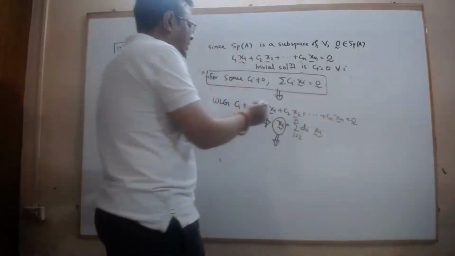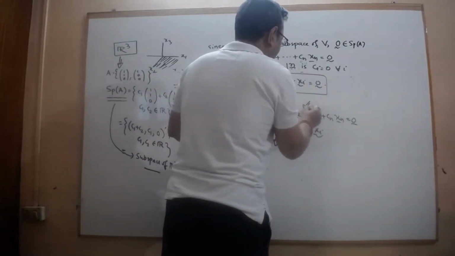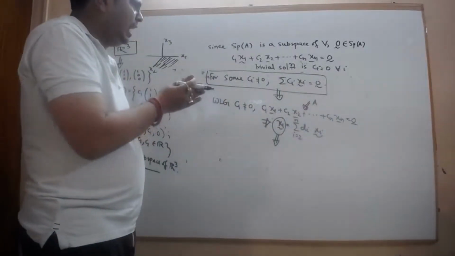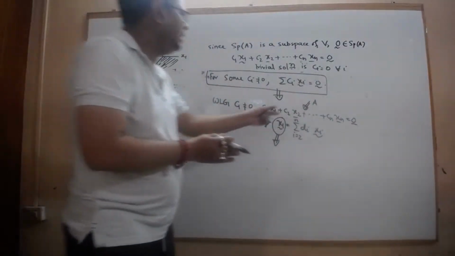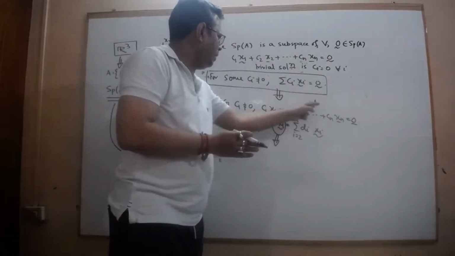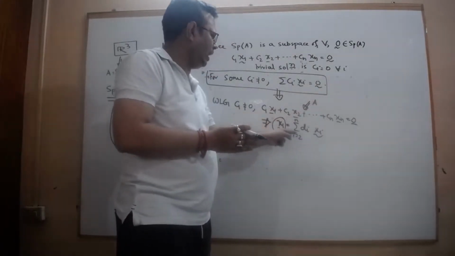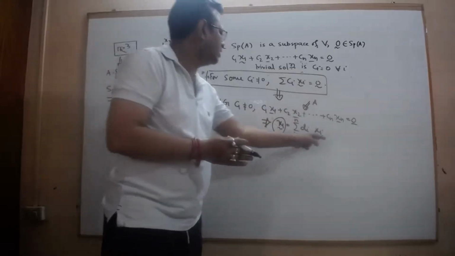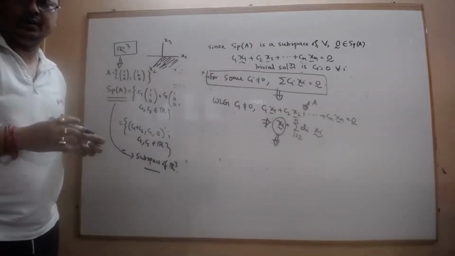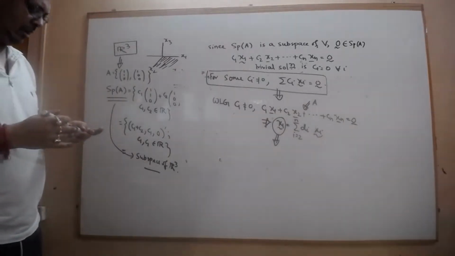So in that situation, set A is not linearly independent, rather it is linearly dependent, because the element of A, that is x1 curl, can be written as a linear combination of x2 to xn curl.